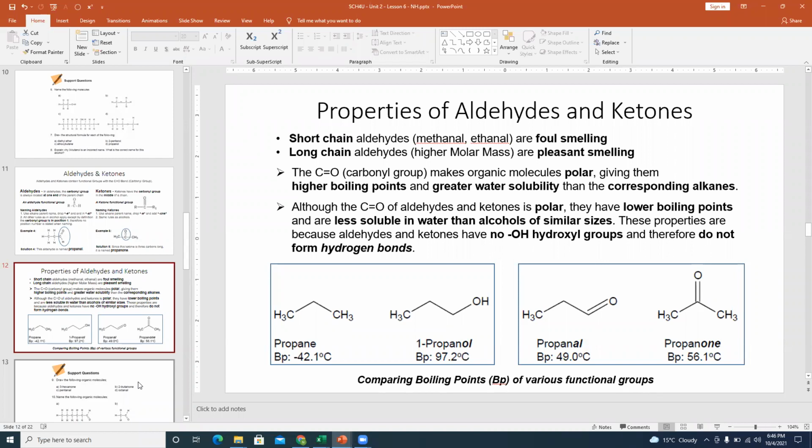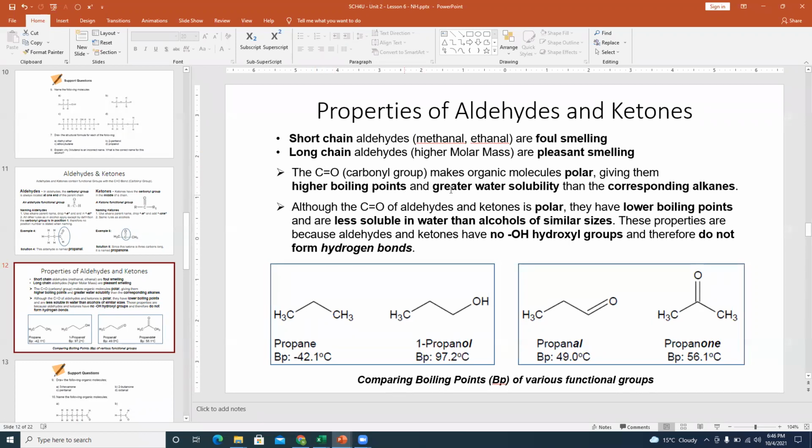The carbonyl group makes these organic molecules polar because of this oxygen, giving them higher boiling points and greater solubility in water than the corresponding alkane without the carbonyl group.